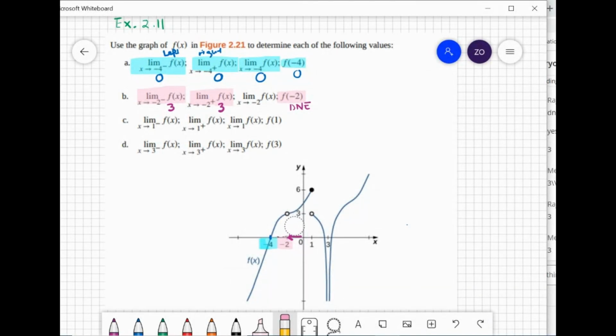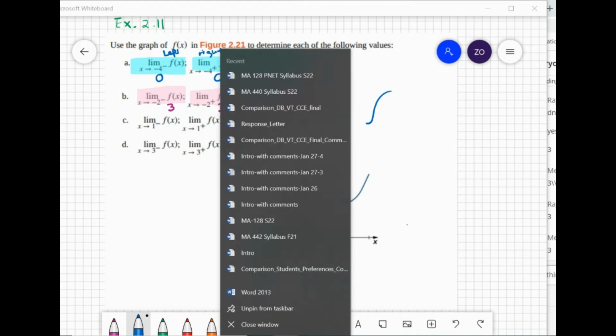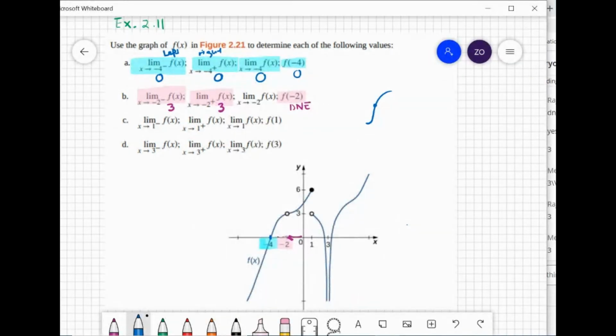Well, this is going to be the case. I mentioned in the first case, whenever we have a continuous graph, whenever the function is defined at that point, we will have all these values equal. And if you have a function like this, where there's just a hole here, you can still talk about the limit from the right and the limit from the left and realize that they are equal.